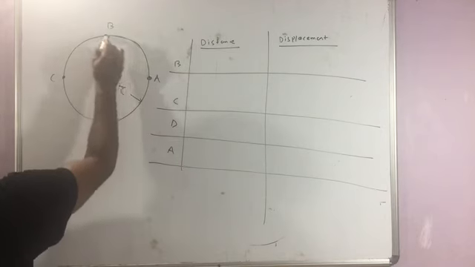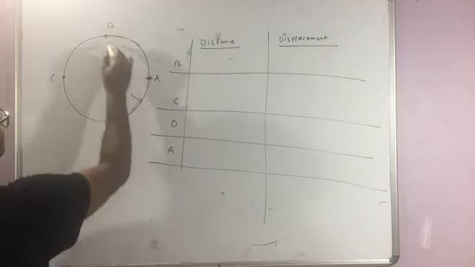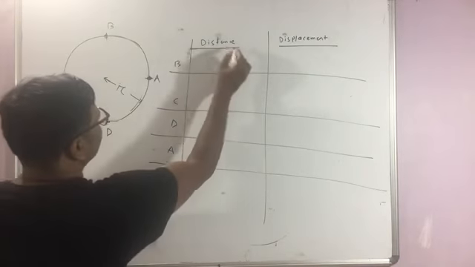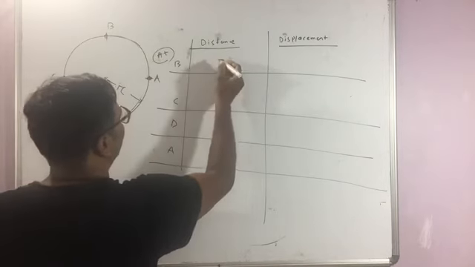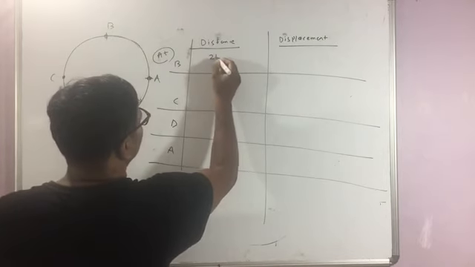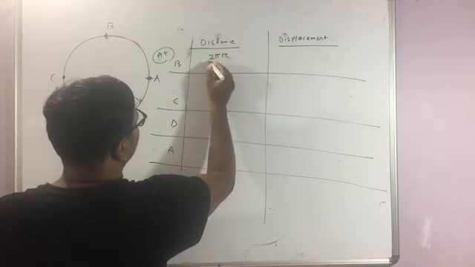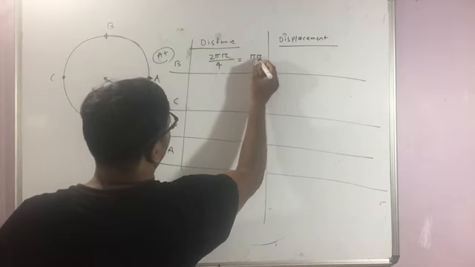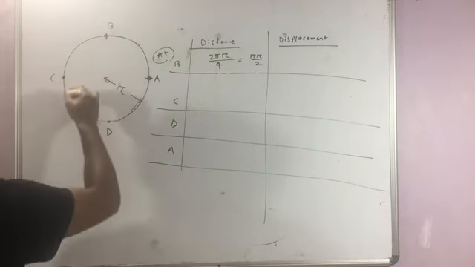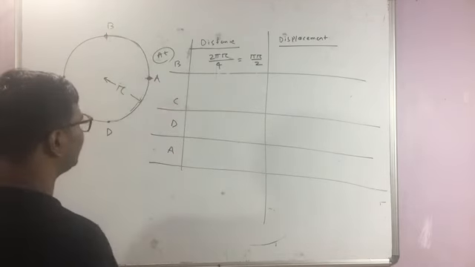And as this is a quarter of the perimeter, this would be your distance at point B. Distance at point B would be 2 pi r by 4, which is pi r by 2. The entire length is 2 pi r, it is 1/4 of it, so it will be pi r by 2.